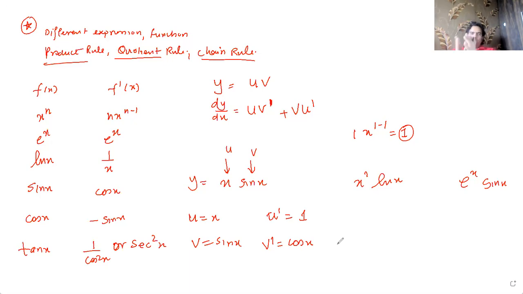Now when I plug into the formula, dy by dx will become u, which is x, times v dash, which is cos x, plus v, which is sine x, times u dash, which is 1. So it will be x cos x plus sine x as the derivative of this particular function.